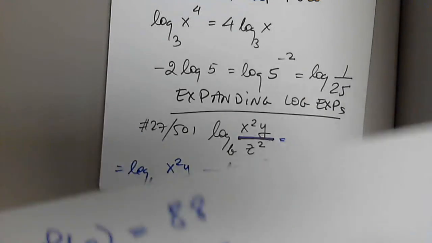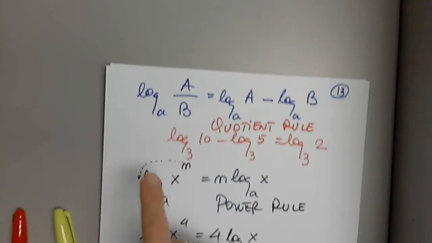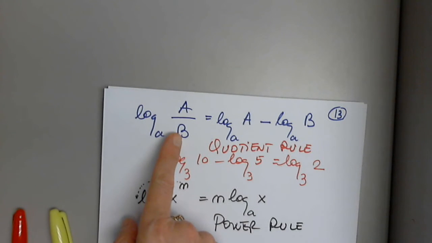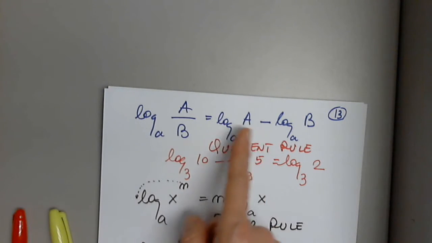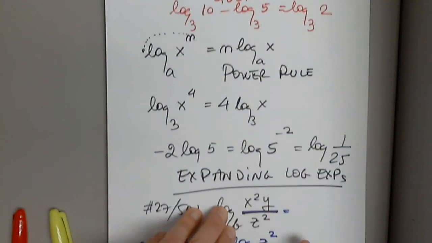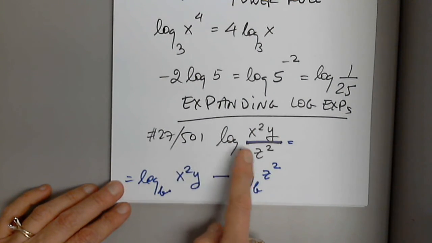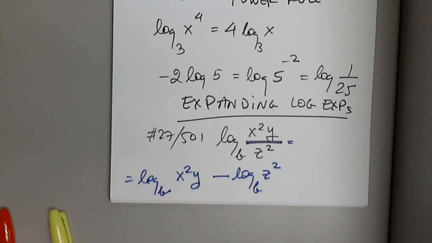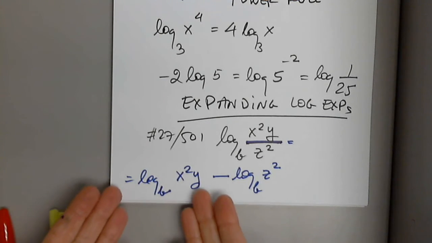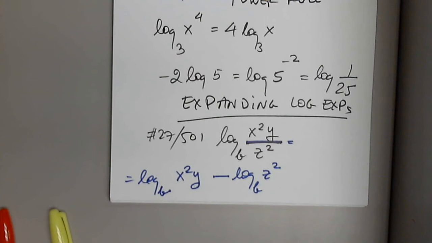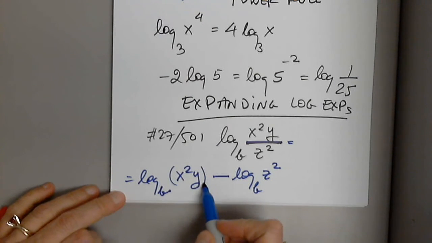We apply this property up here. Log of something over something else is log of the top minus log of the bottom. Good. Now I'm looking at the first one, and I realize that this is a product. You can put parentheses if you want to or not.